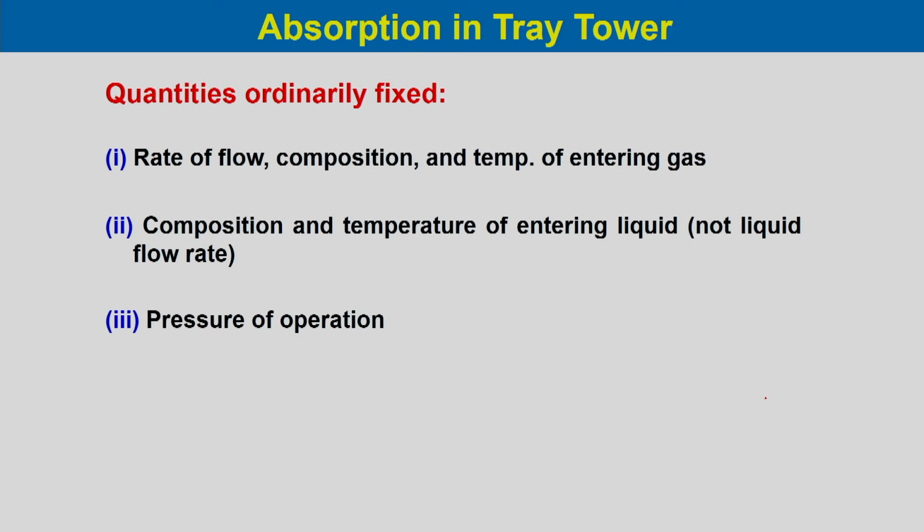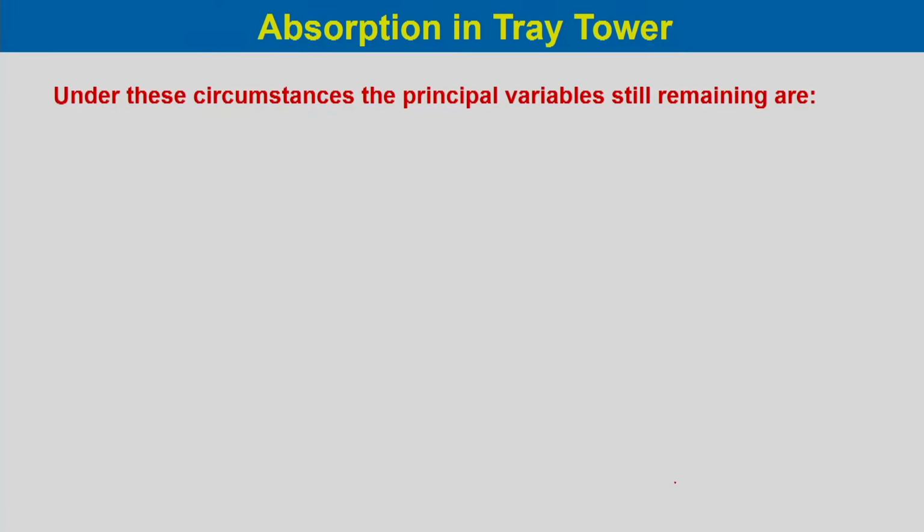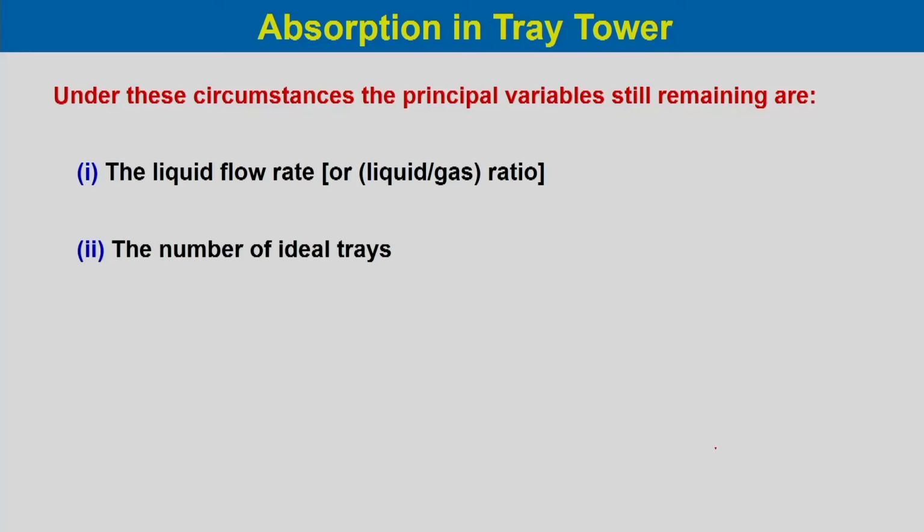Then the pressure of operation, and the heat gain or loss. Under these circumstances, the principal variables still remaining, which are highlighted here, are the liquid flow rate or the L by G ratio, either of which has to be estimated.